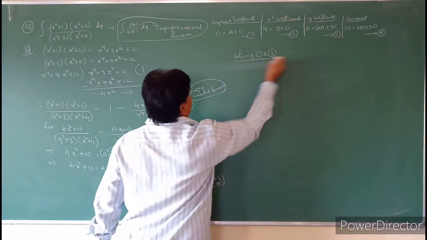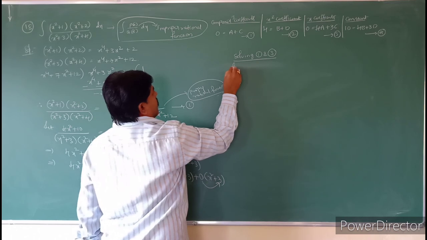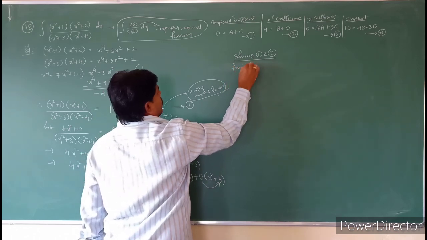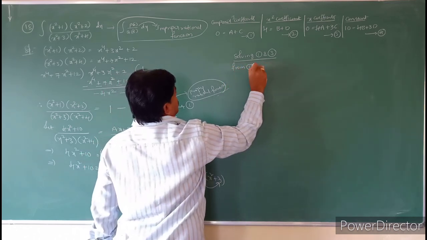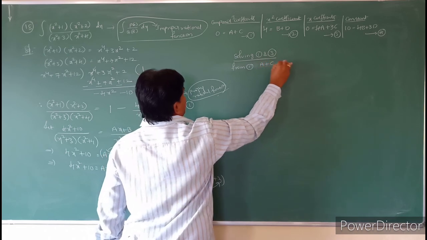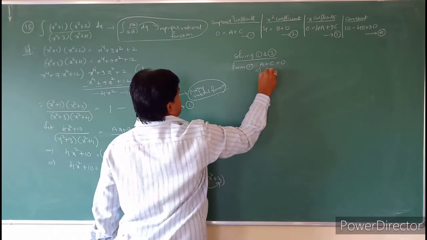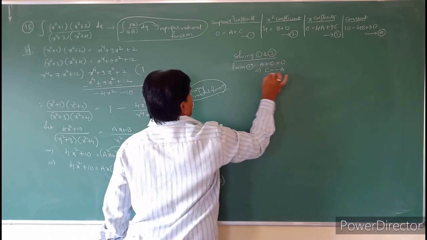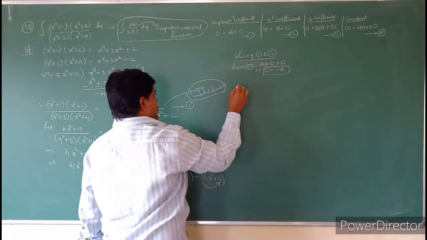First I will take from 1. From 1, a plus c is equal to 0. That implies c is equal to minus a. C is equal to minus a.